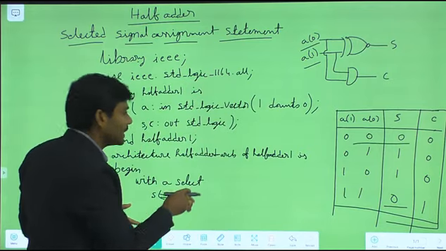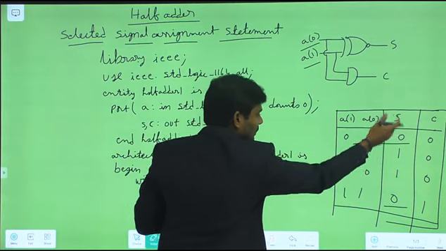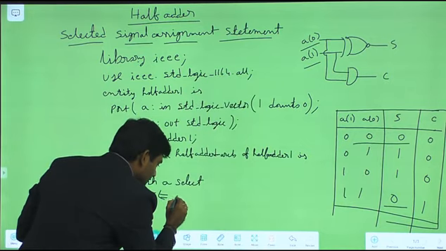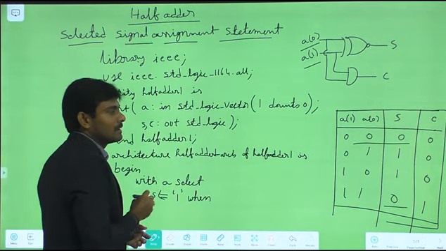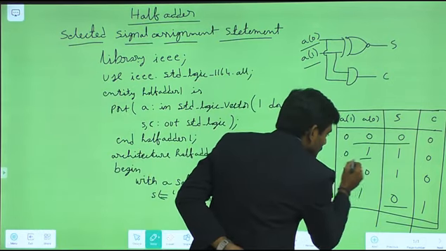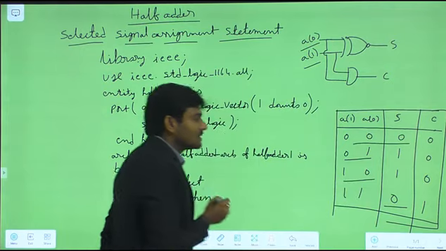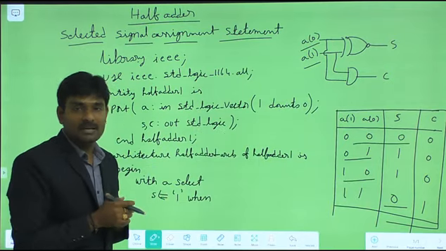So you can start with either output 0 or output 1. Let me consider S equals 1 when 0 1 and 1 0. For these two input combinations, the output becomes 1 itself.